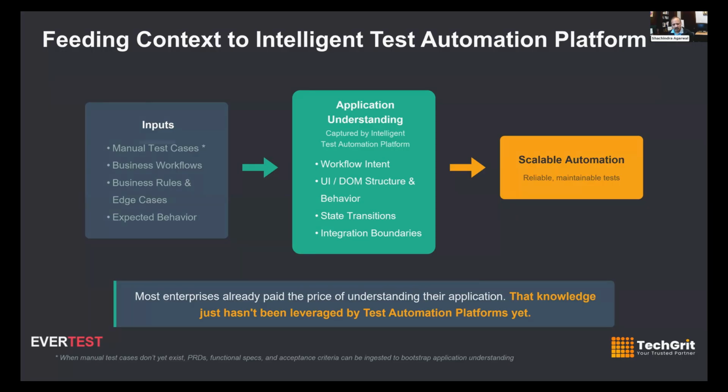Even if you feed in all the manual test cases, it doesn't mean that AI will have 100% understanding. It may have 60, 70, 80%, but something is better than nothing. The other thing is that it is going to be an iterative process. You feed whatever you have to AI, and AI builds some understanding. Then let AI start building the test cases.